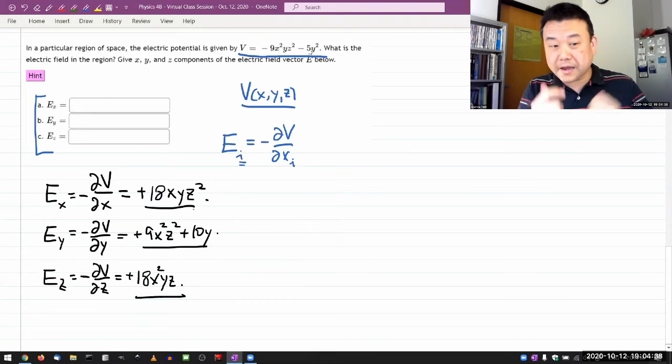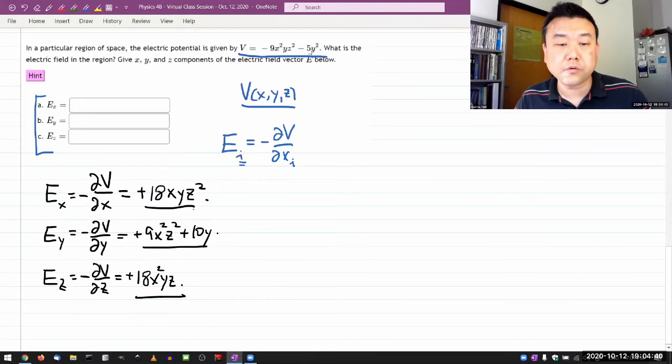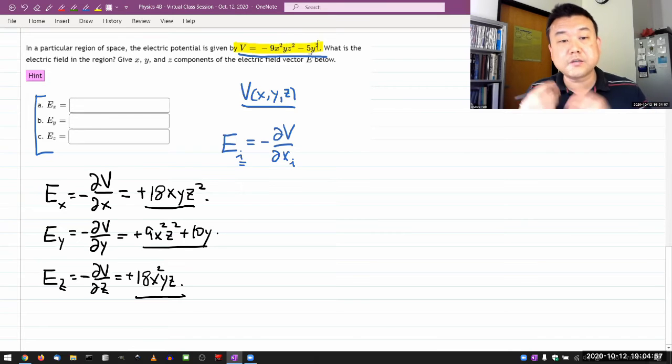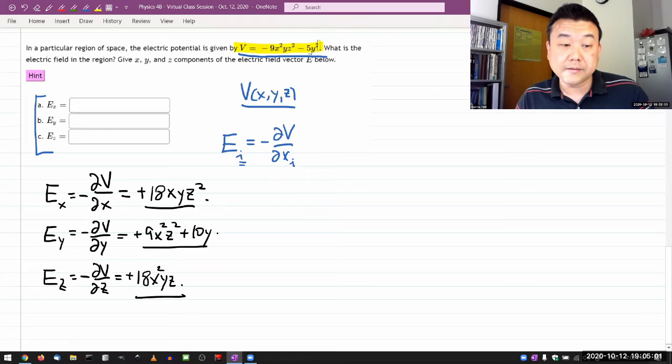Now, the reason I want you to go through this is to tell you one more useful thing that's maybe more useful in the upper division than here. For this question, we gave you basically an arbitrary function and told you that this represents the potential in the space. And that was a perfectly fine thing to do.